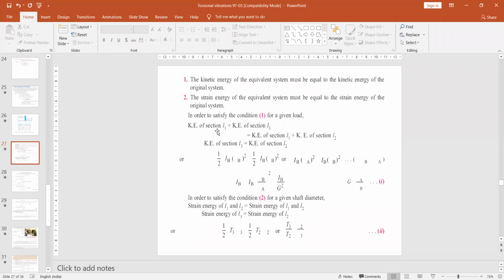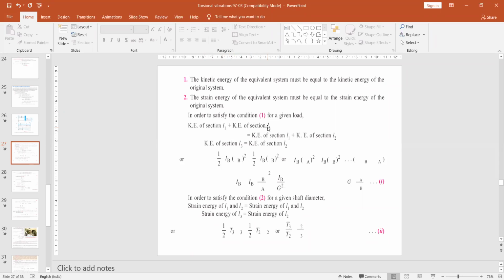Now, in order to satisfy the condition, let us take the kinetic energy of the section L1 plus the kinetic energy of the section L3. So the equivalent shaft has two lengths.